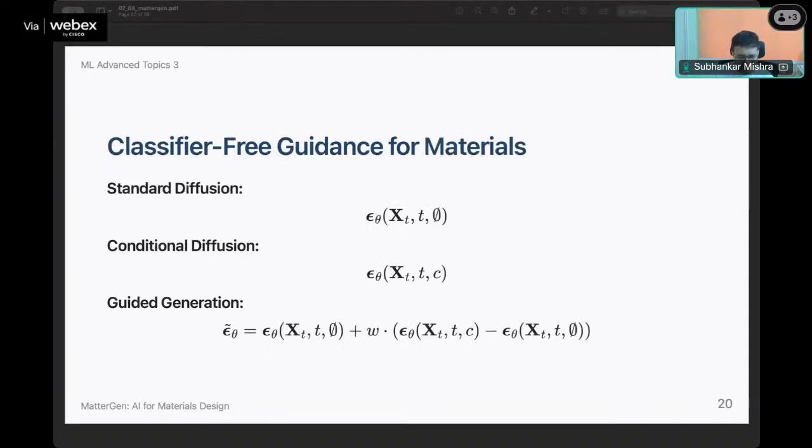Now, this is again something that we touched upon last class as well. There was a place where we wanted to do classifier free guidance for the materials.